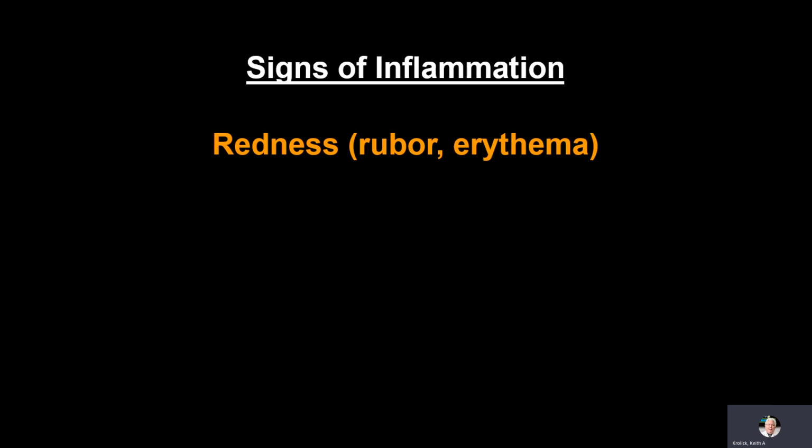The pathologists have referred to that color as rubor. I think it has something to do with that vegetable. I can't remember the name of it. Anyway, rubor, but to me, it's just red.